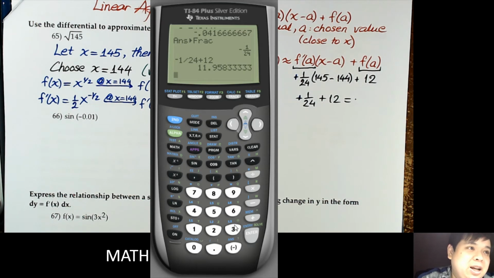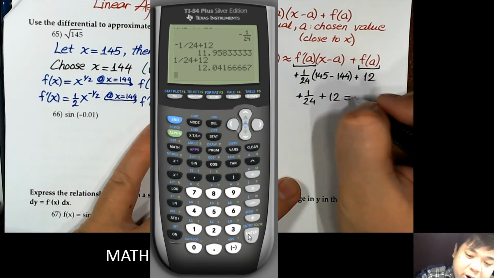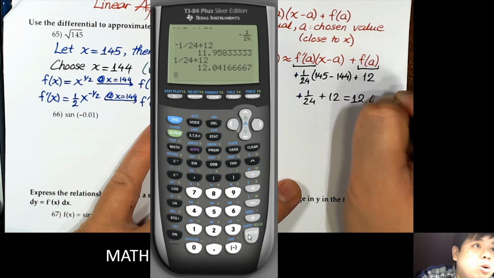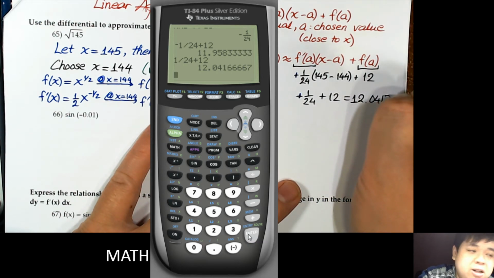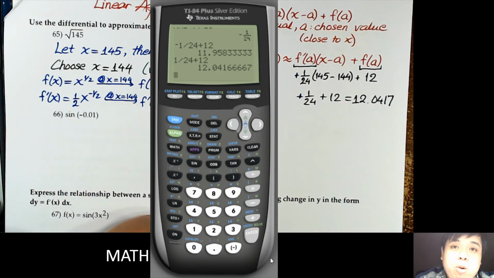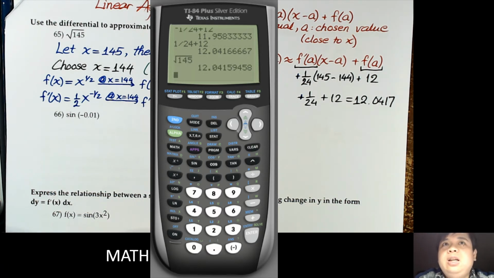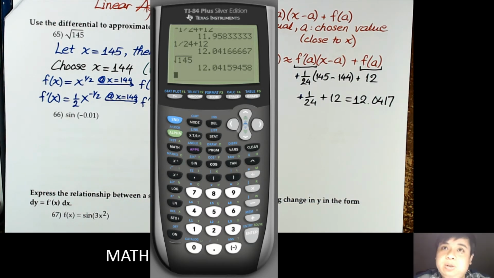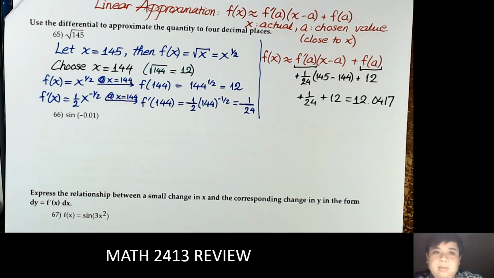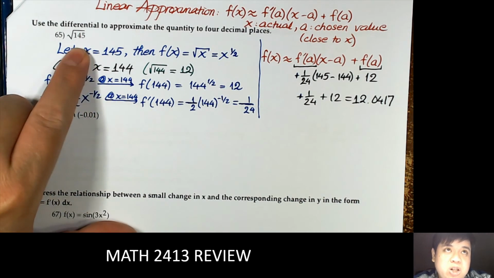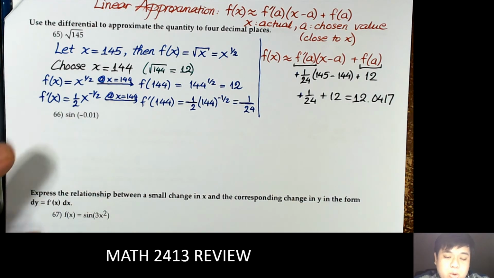Again, 1 over 24 instead, plus 12 is 12.04, to 4 decimal places, 12.0417. So that is an approximation. If we want the actual value, what is the square root of 145? As you see, the approximation and the actual value are very close. So this is a very good approximation. Usually, if the point we choose is very close to it, the approximation would be good.